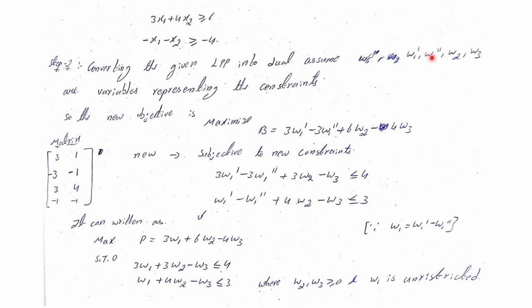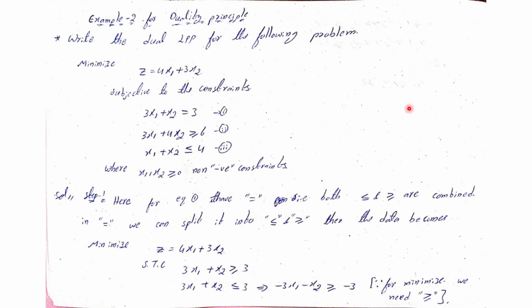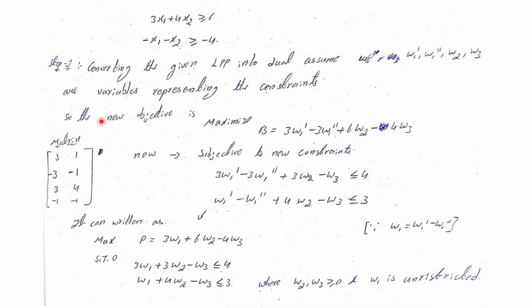Here we take w1 dash and w1 double dash instead of w1, because both less than and greater than are derived from the same equation, that is equal to. For that we have taken like this, and the new objective function is b equals 3w1 dash minus 3w1 double dash plus 6w2 minus 4w3.